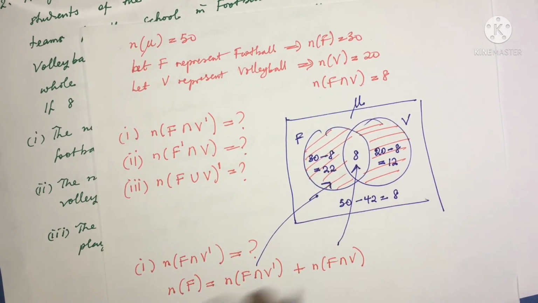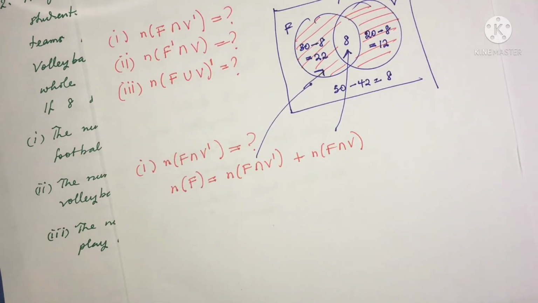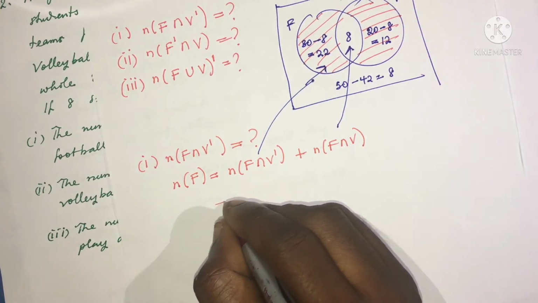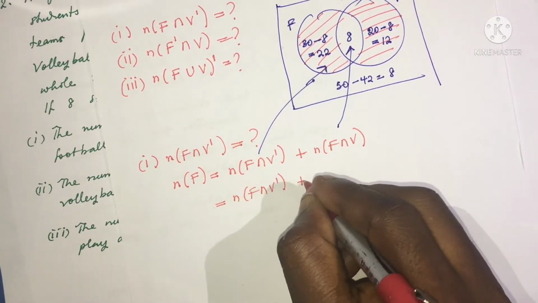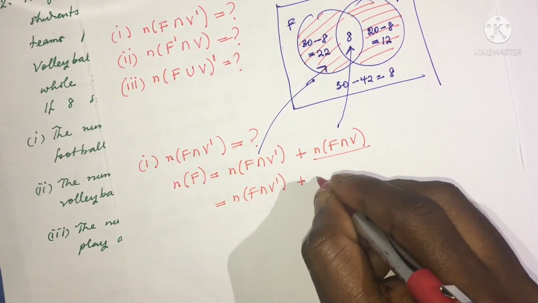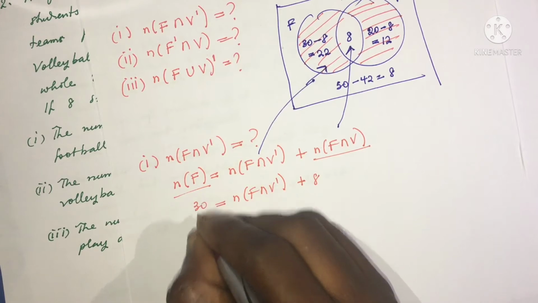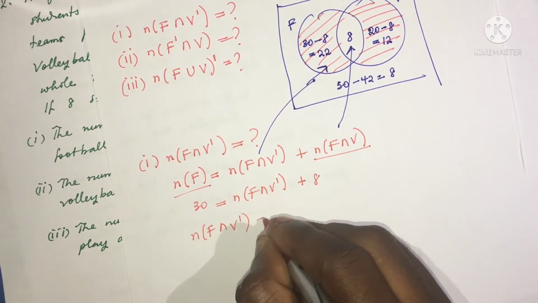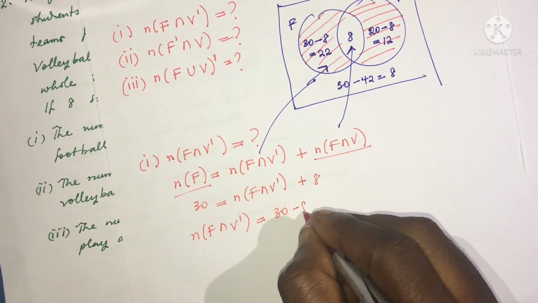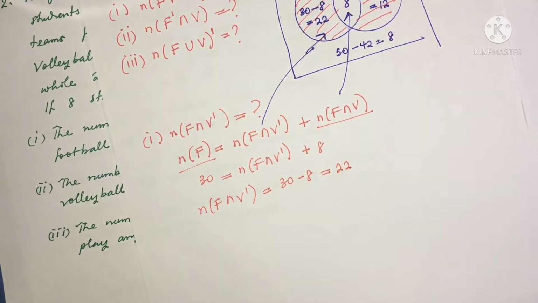So if you add those two portions together, they will give you F. Now, what do we want? We want to find this. We have been given this to be 8, and we have been given this to be 30. So if you make n(F ∩ V') the subject of the formula, it will give us 30 minus 8, and 30 minus 8 is 22. And that solves problem 1.